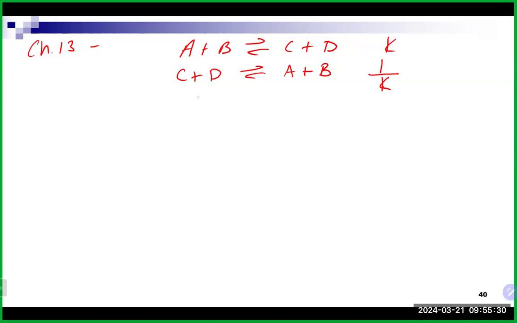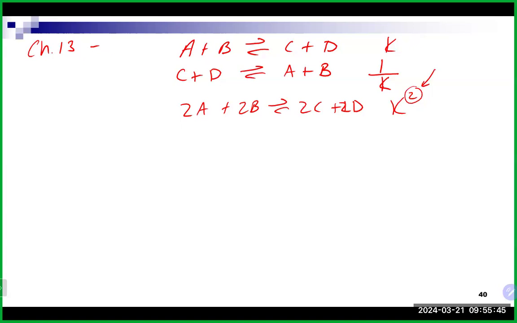If you need to multiply by a common number across an equation, what that does to the K value is you would take that K to the power of the number that you multiplied by.